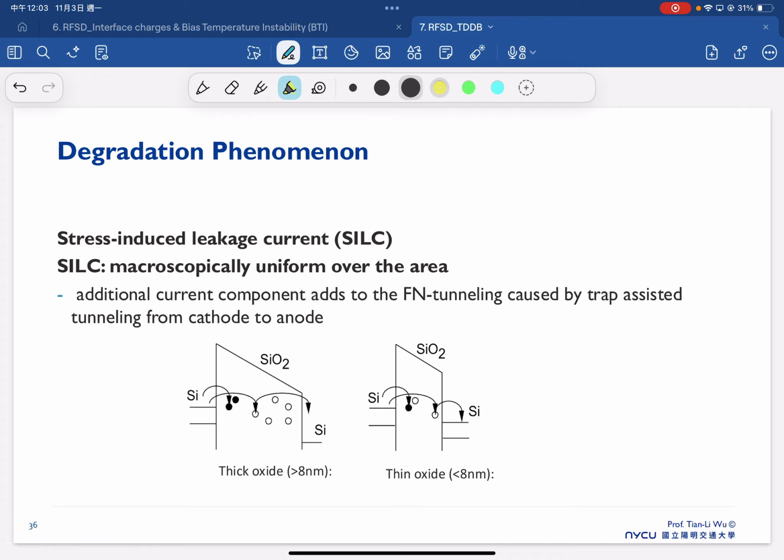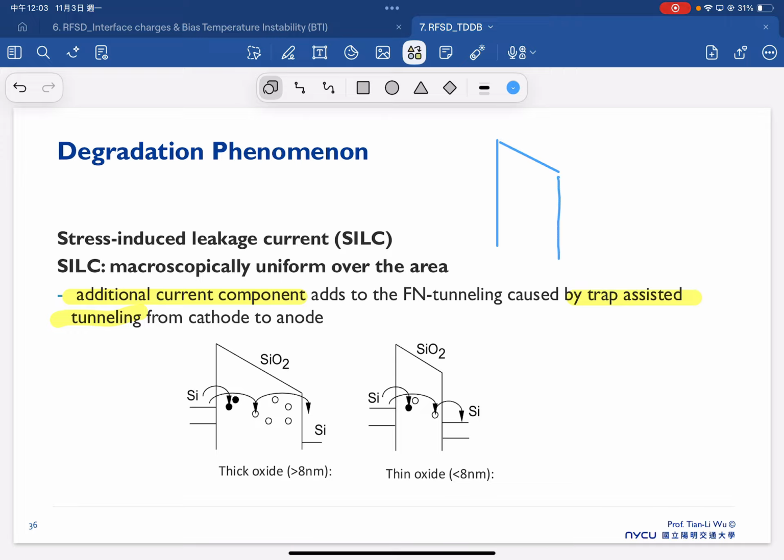So for the degradation phenomenon, another one is what we call the stress-induced leakage current. The stress-induced leakage current is mainly due to an additional current component added to the FN tunneling, which is caused by the trap assisted tunneling here. So for example, we have the band diagram like here.